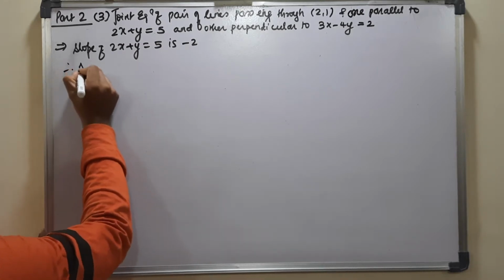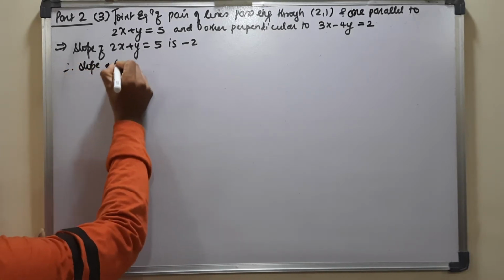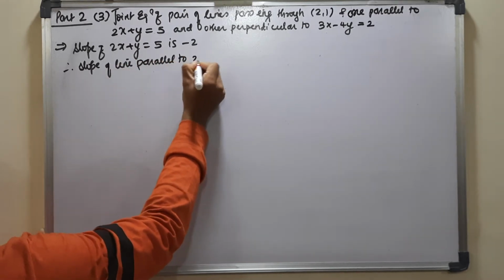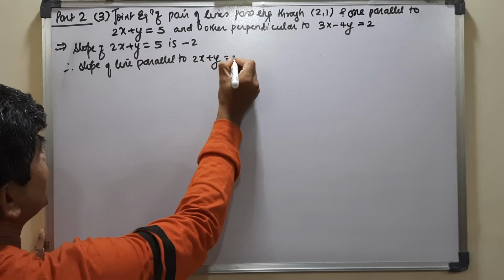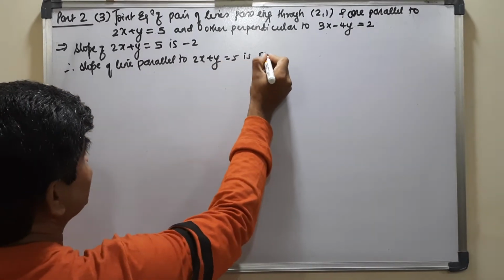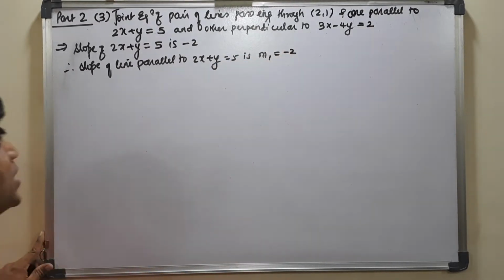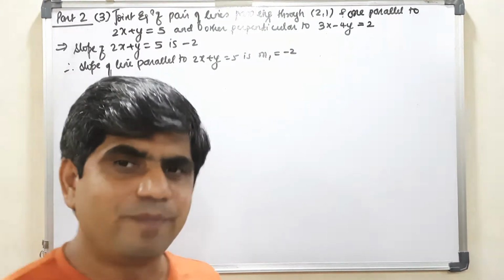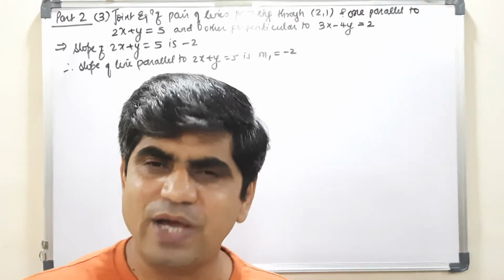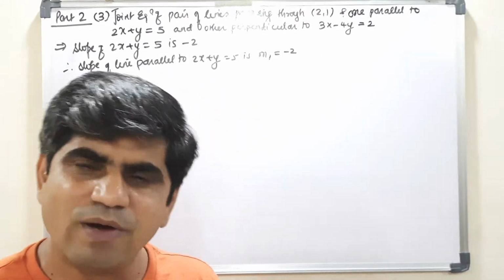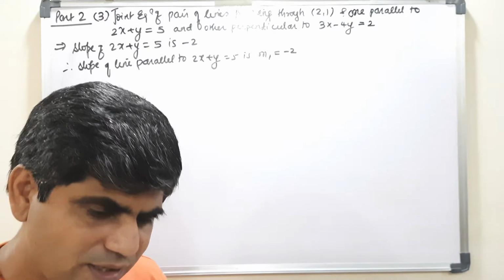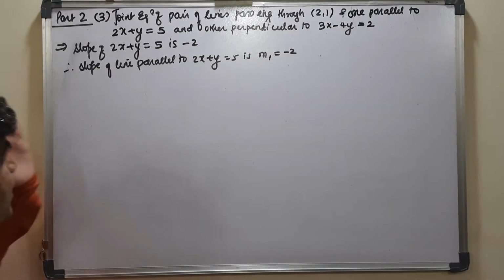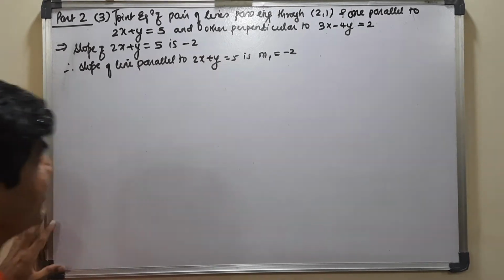So the slope of a line parallel to 2x plus y equal to 5, call it m1, is equal to minus 2, because slope is minus a upon b. That is, if the equation of a line is ax plus by plus c equal to 0, then the slope of that line is minus a upon b. Now this is the slope of the line parallel to 2x plus y equal to 5.